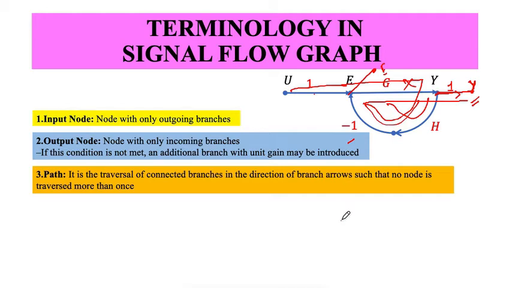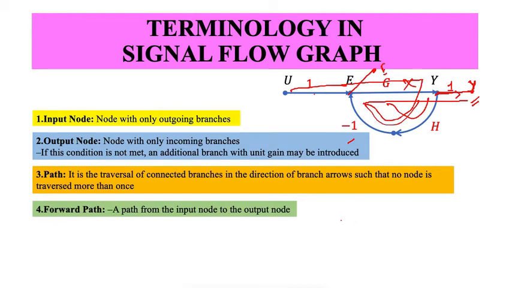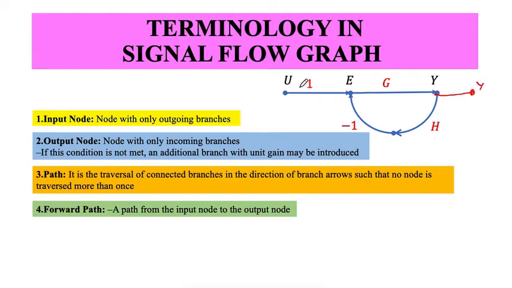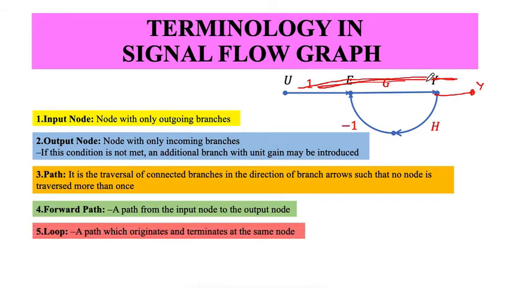Okay, next is my forward path. Forward path is a path from input node to my output node. So this is my forward path. Then another thing is my loop.